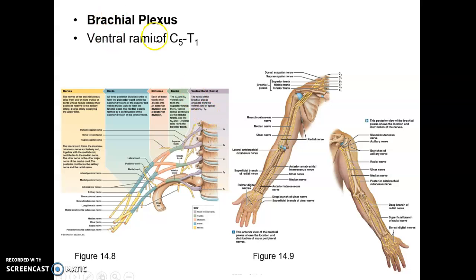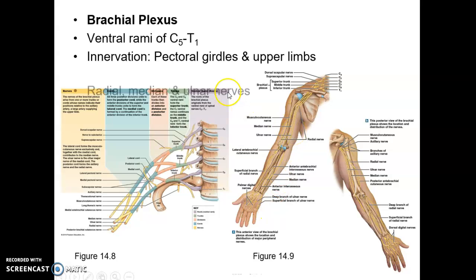All you need to know is what I have in text, which is what we've been doing from the beginning, right? Brachial plexus from these rami, innervation, pectoral girdle, and the upper limb. Okay? The only nerves you need to know from the brachial plexus are the radial, median, and ulnar nerves.